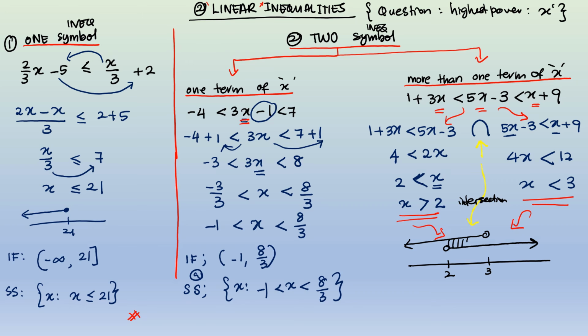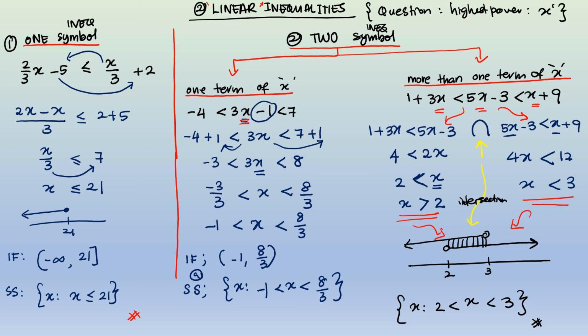Here is the area, am I right? The area intersects here. So our final answer will be between 2 and 3. That is our answer. What happens to students who write the final answer only here? It's wrong, right? So when you separate the inequality into two parts, left and right, you need to combine them on the number line and use the symbol 'and', intersection, as your guide for the shading.